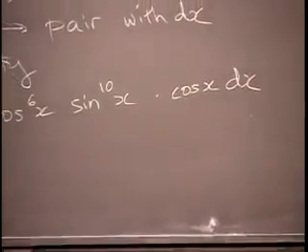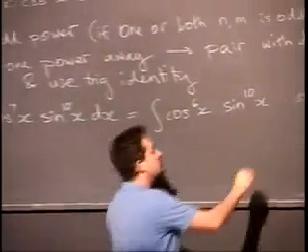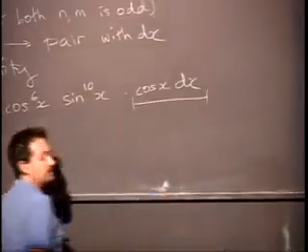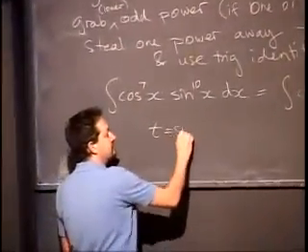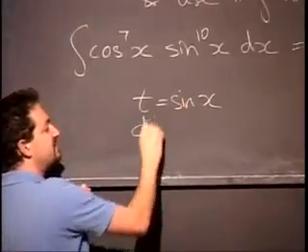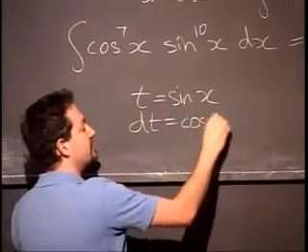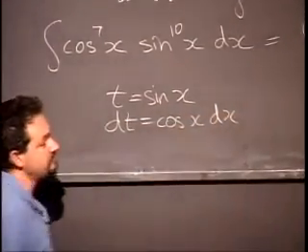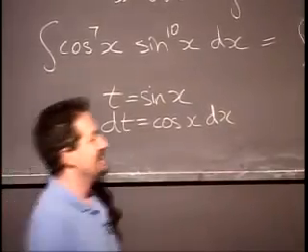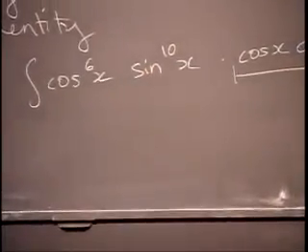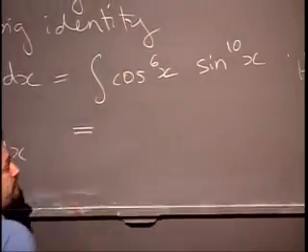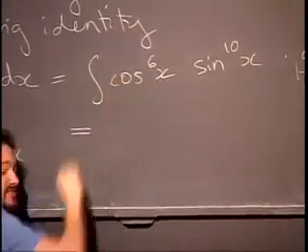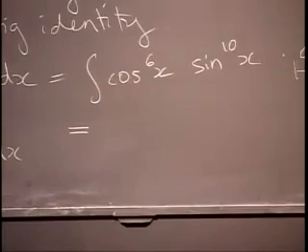The fact that there's a cosine x dx suggests that I should substitute t equals sine x, because dt is cosine x dx. Of course, there is stuff in sine x, so that's just t to the 10. However, I've got to change the cosine into a sine.